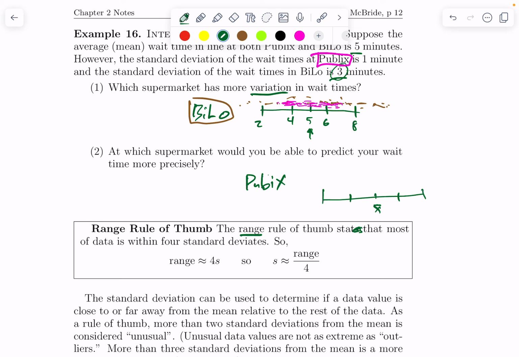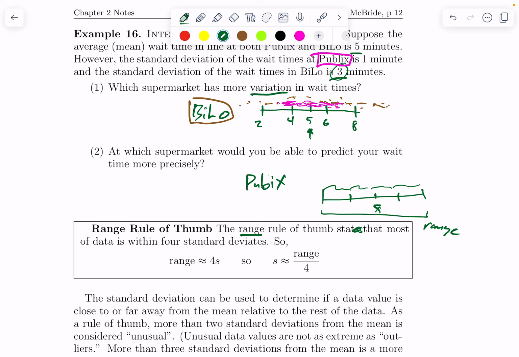However long a standard deviation is, 4 of those will have most of the data. The total range of the data is the range, and so what that tells us is that the range is about 4 standard deviations. So one way to approximate the standard deviation is to take the range and divide it by 4.